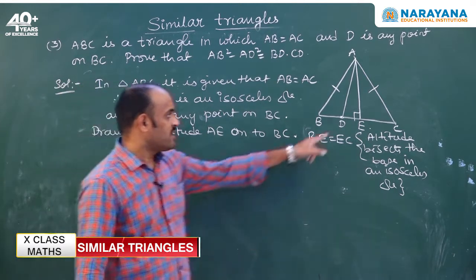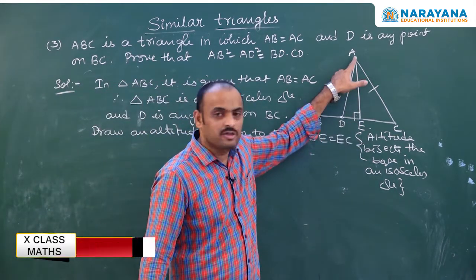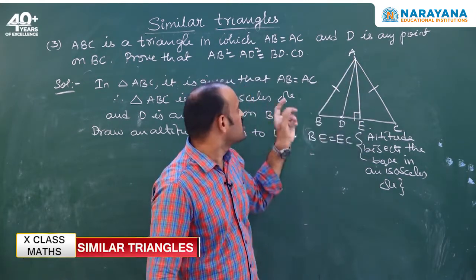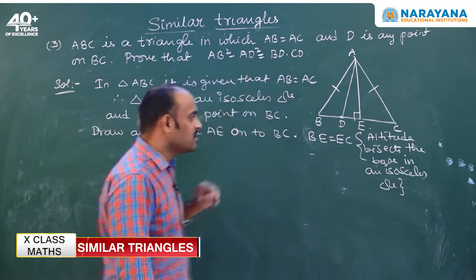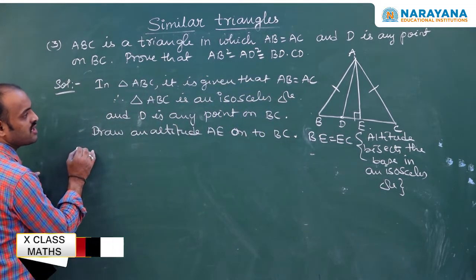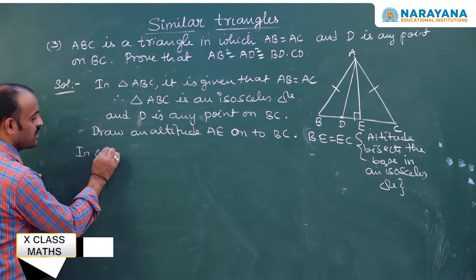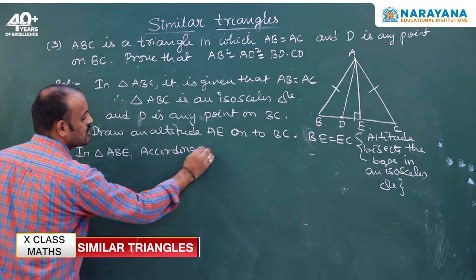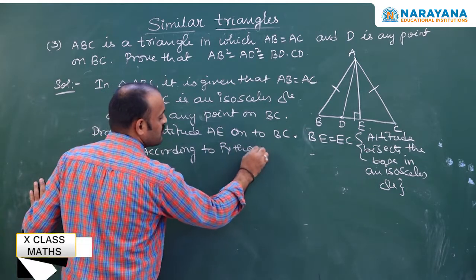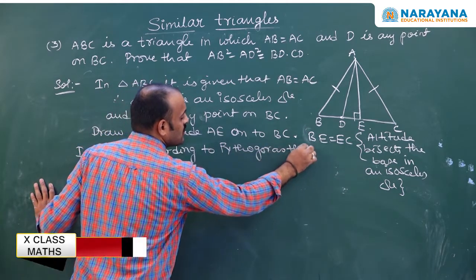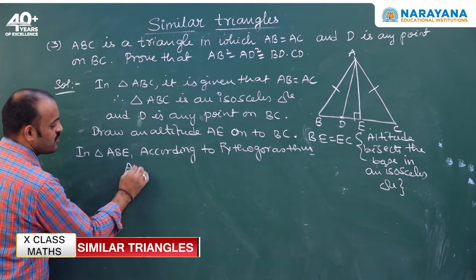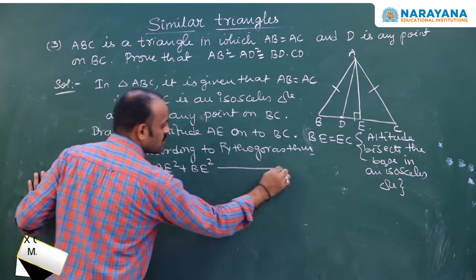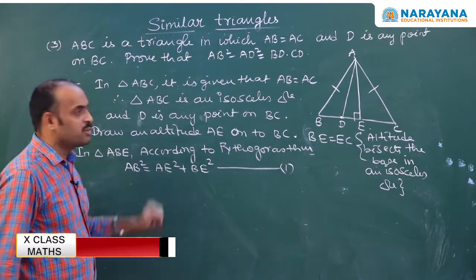Now, as I have a right angle, I can make use of the Pythagoras theorem in triangle ADE, and in triangle ABE, because we need AB and AD in the question. Now, in triangle ABE, according to the Pythagoras theorem, AB square is equal to AE square plus BE square.